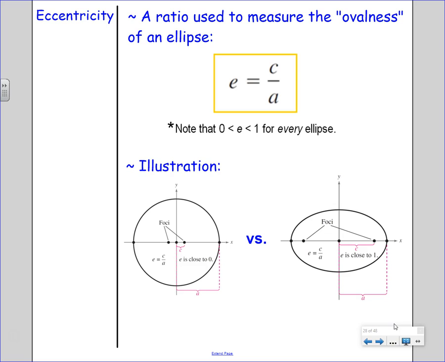And the nice thing is with eccentricity, you don't really have to solve for anything new. It's more like taking two quantities that you should be able to find anyway and making a ratio out of it.